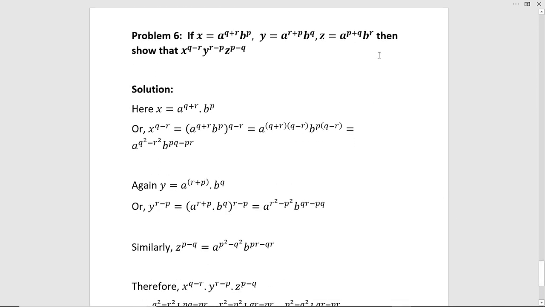Here we have to write that, then show that this equal to 1. So now it is okay.